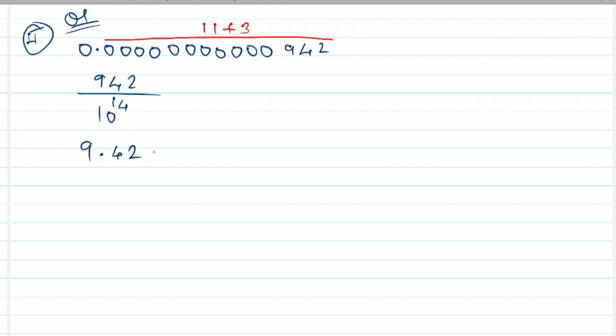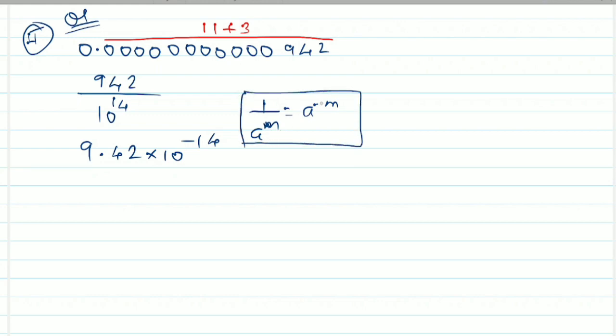Now, in the next step, what I do is take the power in the numerator. So, the sign of it is going to change. We are going to use this formula. Whenever we take any term from denominator to numerator or from numerator to denominator, the sign of the power is changed. Now, I by mistake wrote this as 9.42. It's 942 only.